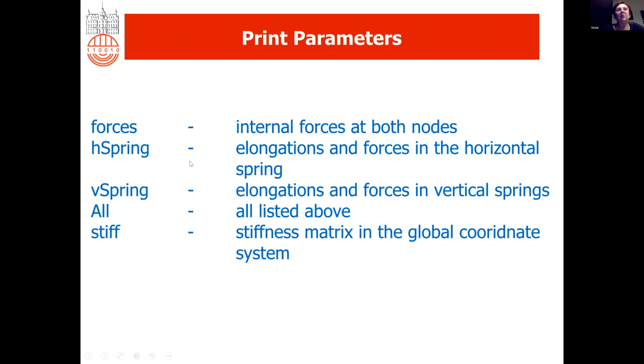Then we can request the control of all these groups of data by the command all, and also we can demand the data about the stiffness matrix, which is formed during the analysis. There are some additional parameters also, but they are not used very often. So these are the most important parameters that can be printed.